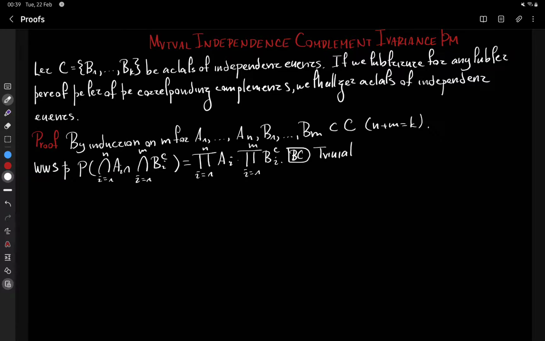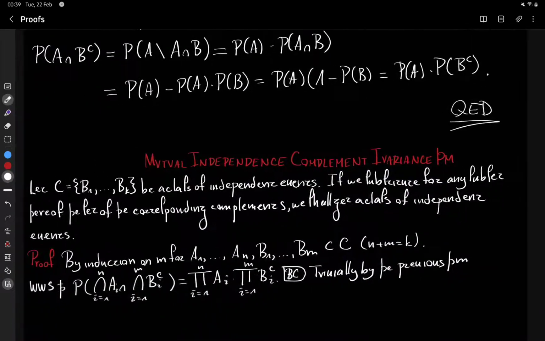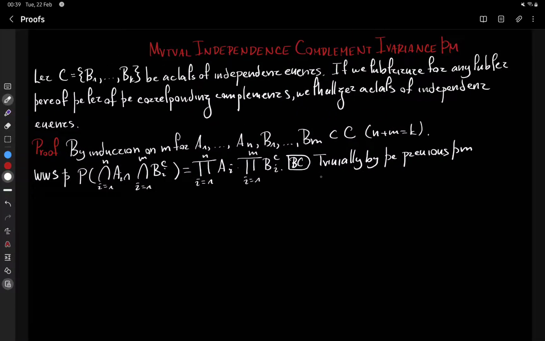Trivially by the previous theorem, that is to say, the independence of the complement theorem.